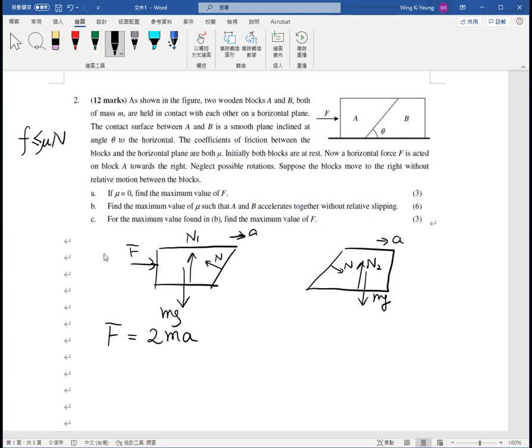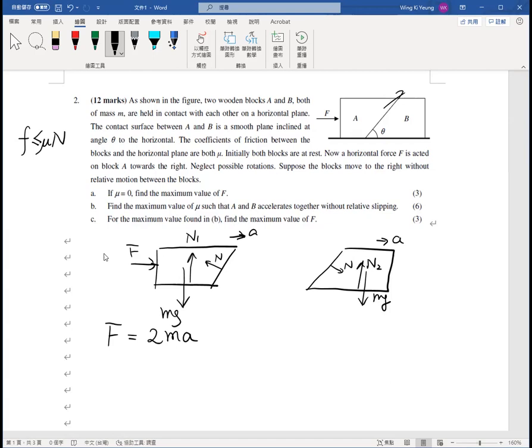But you need to think about the motion by yourself, or simulate the motion. If the F is too large, A may slide over B. That means A may slide upwards relative to B. So at that time, A is not touching the ground.